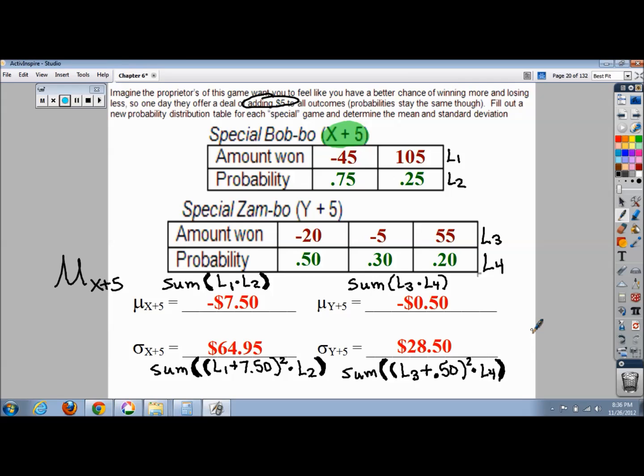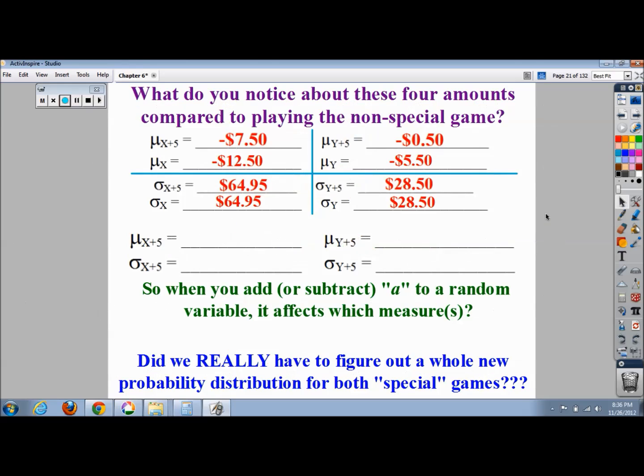So now make sure you have those quantities written down. So now we're going to compare playing the regular version of Bobo and Zambo and the special version of Bobo and Zambo. The one thing I want you to notice immediately are the standard deviations.